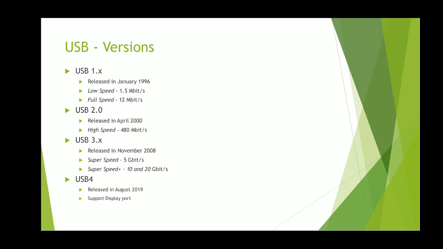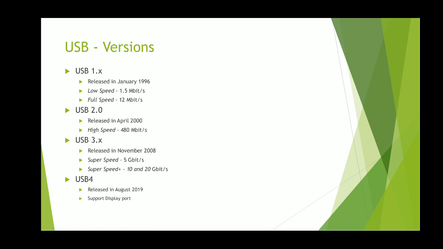After USB 1.0, the USB Implementers Forum released USB 2.0 in April 2000, which supports speed up to 480 megabit per second, and it is a widely used USB standard.